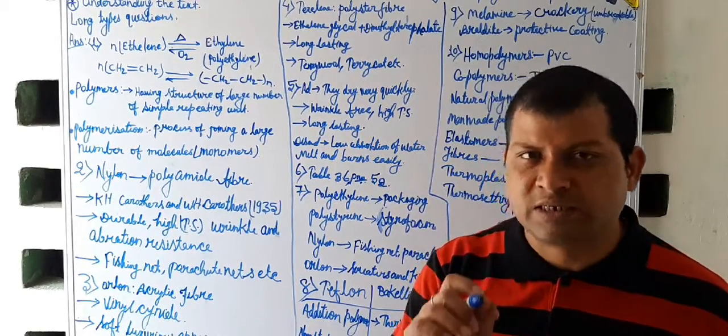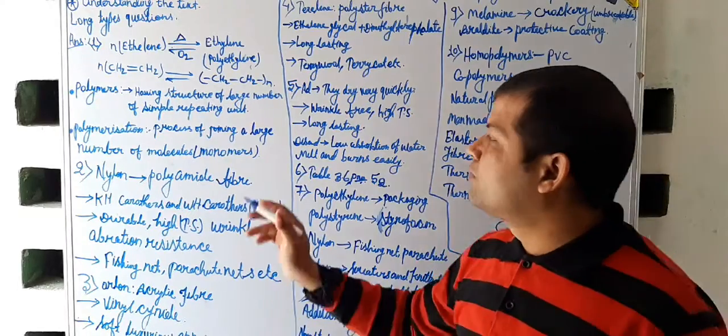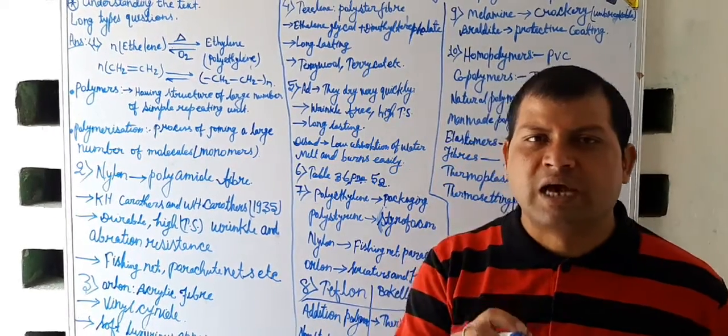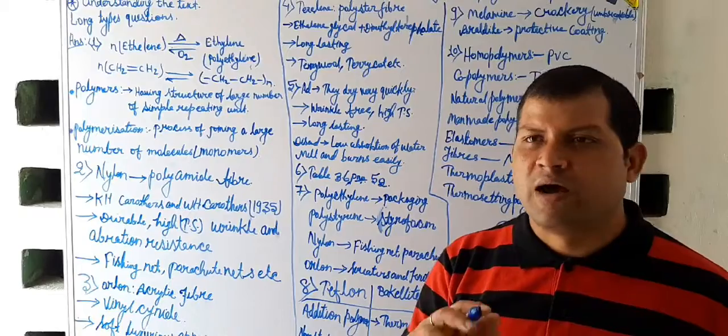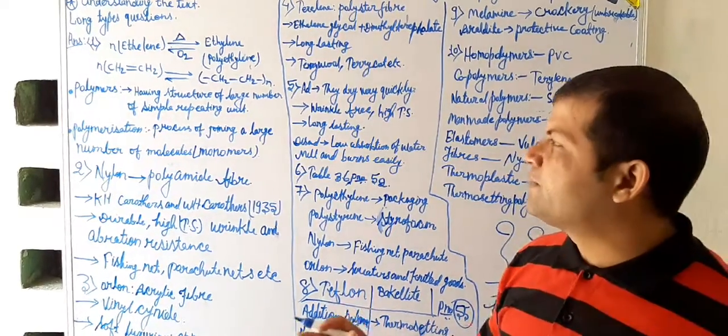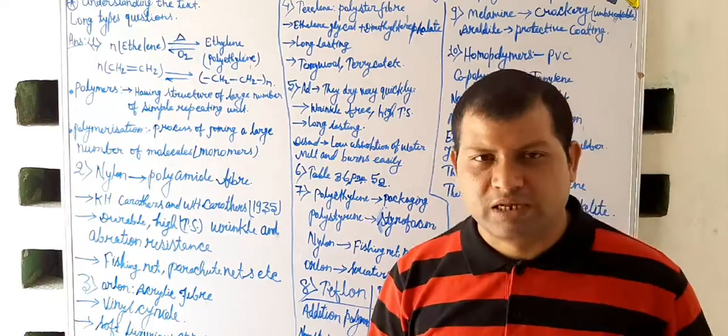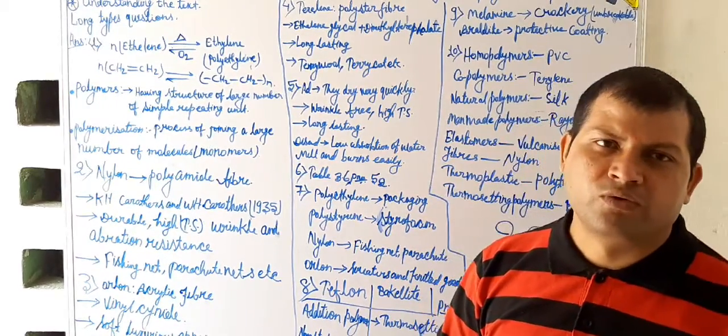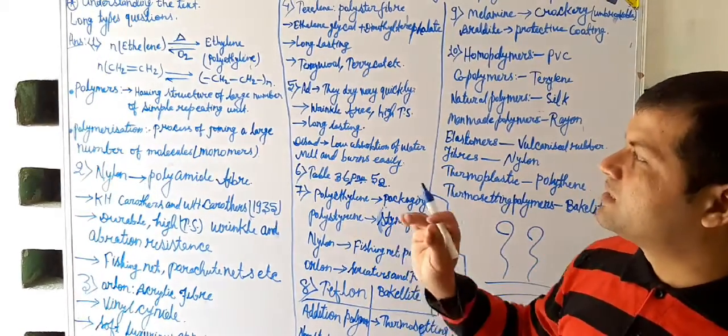So polymerization is a process, and polymers are the yield products after polymerization. So these are the concepts about polymers and polymerization. I hope you have understood these explanations.